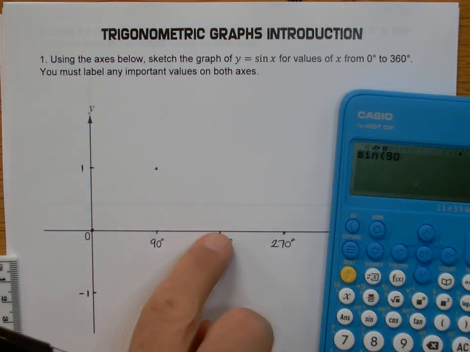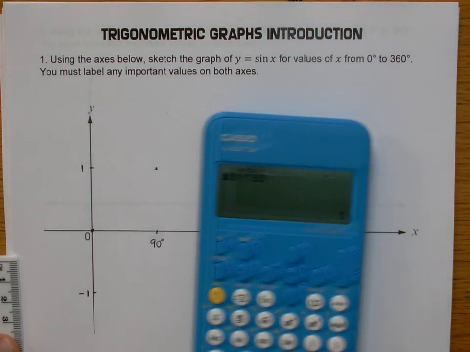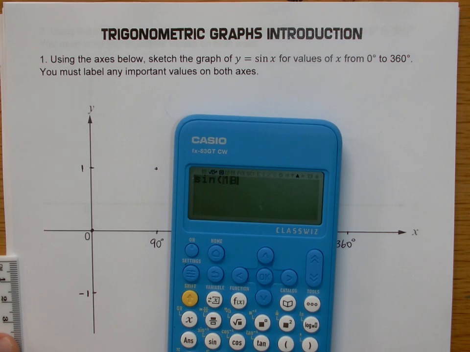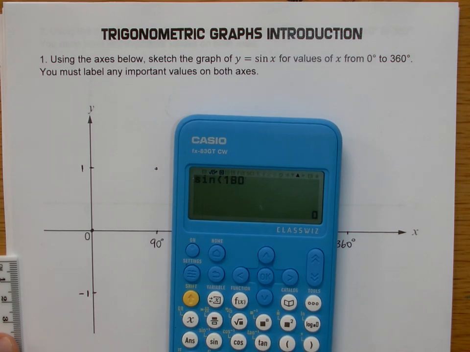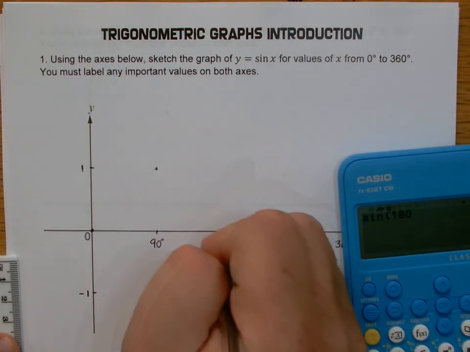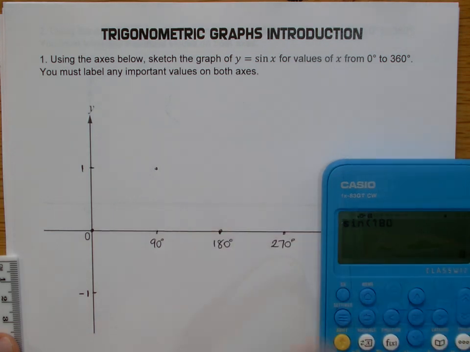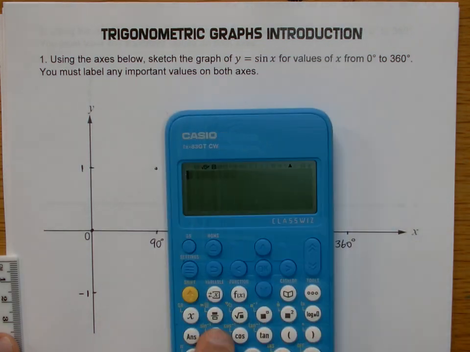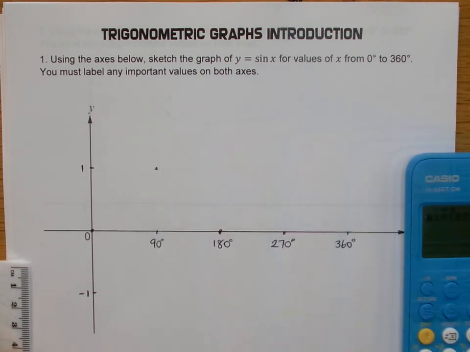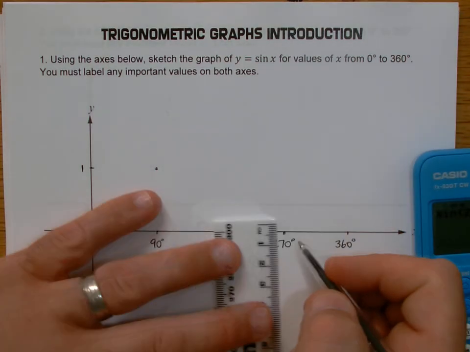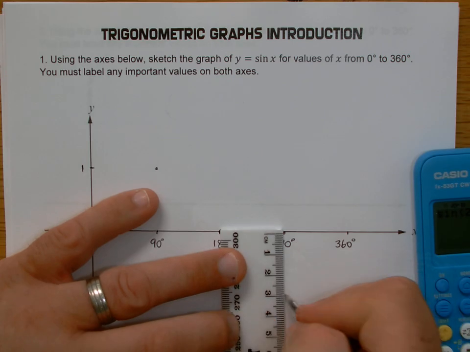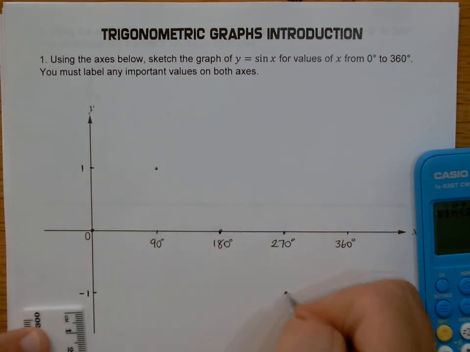And then similarly, if I do sine 180, we'll get 0. And then if I do sine 270, I get -1. So at 270, let's go 3 centimeters down, so -1 here.